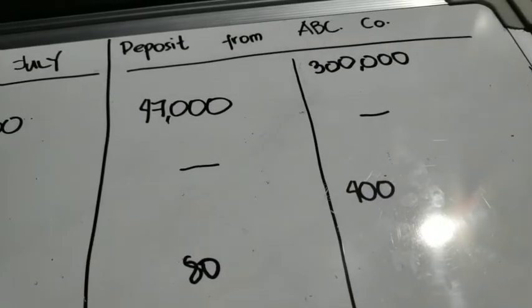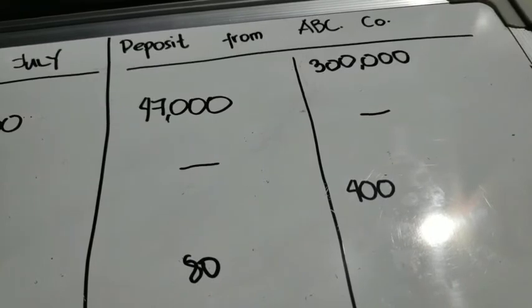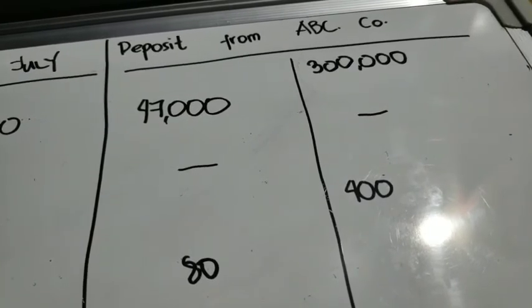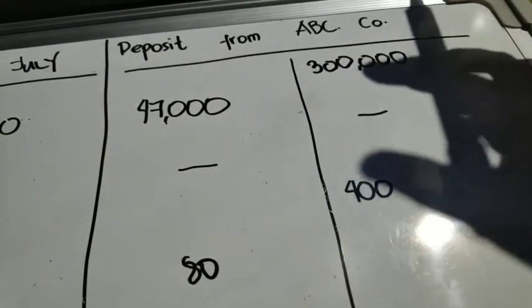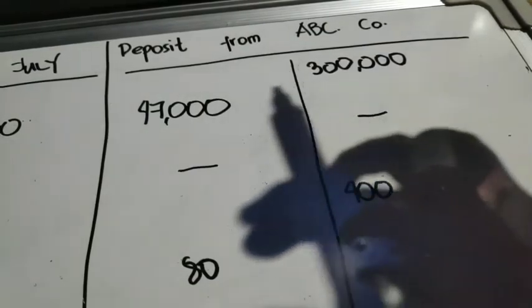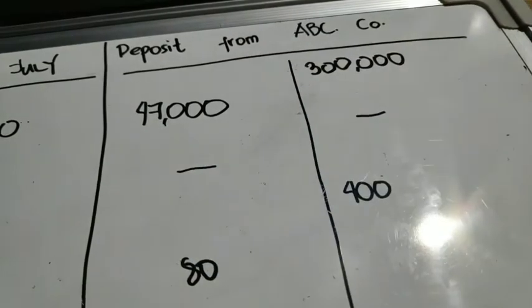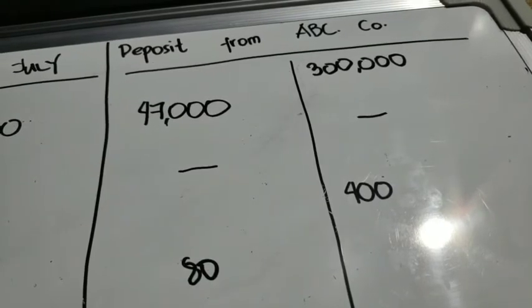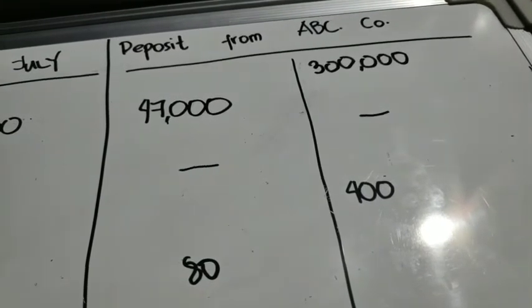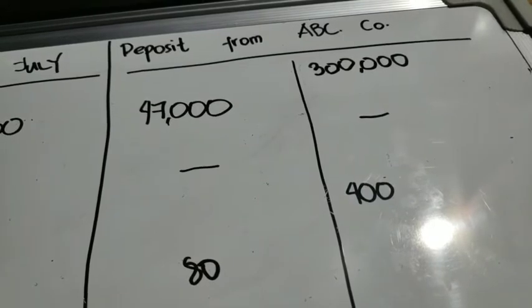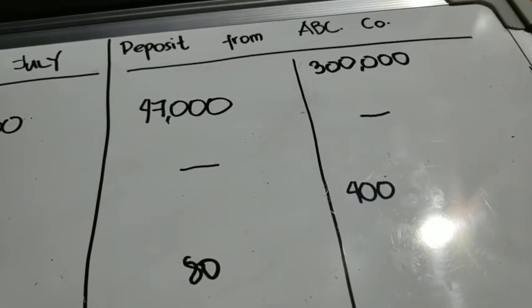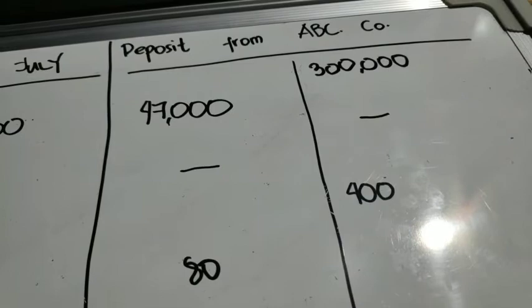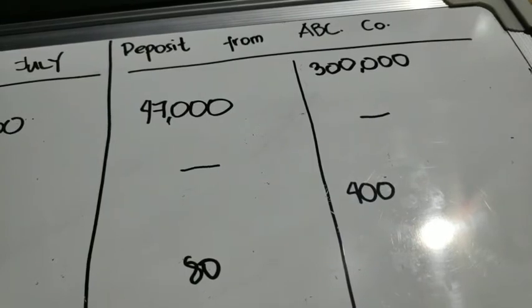Let's proceed to the deposit from ABC Company, or the side of the bank. So, first, you will add the debit side and deduct the credit side. Okay, the 300,000 plus the 400 pesos minus the 47,000 and minus the 80 pesos.